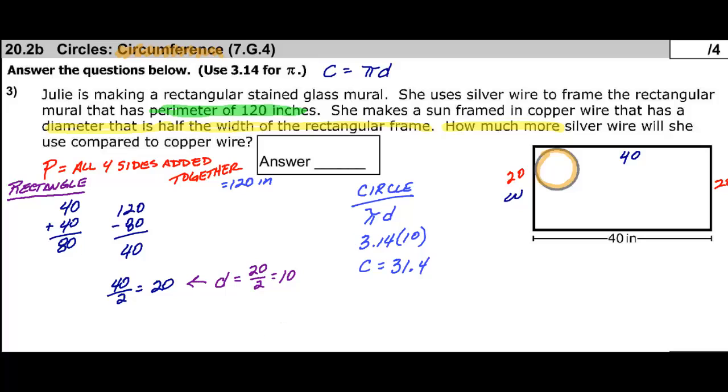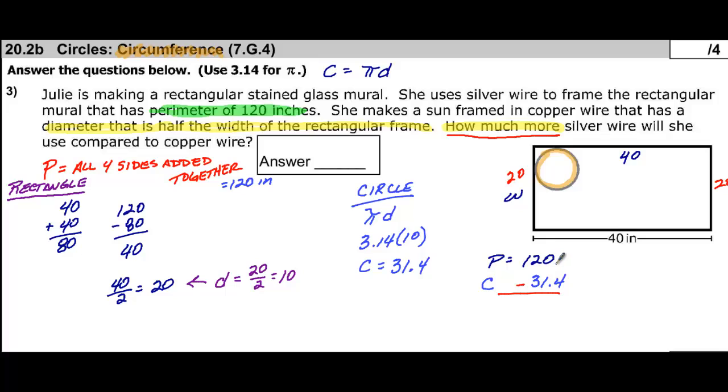Now, this question was a how much more question, which means we have one step left. And our one step left is to take the perimeter, which was 120, and the circumference, which was 31.4, and find the difference.